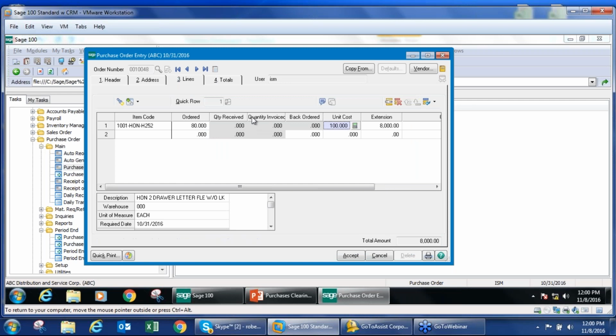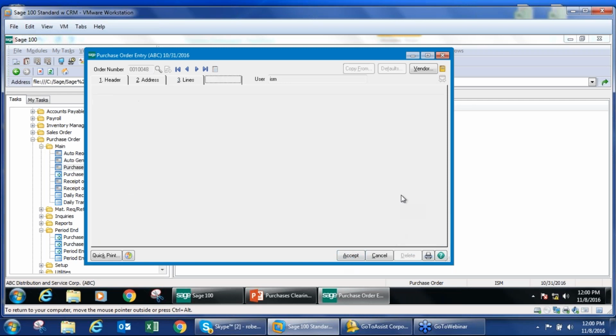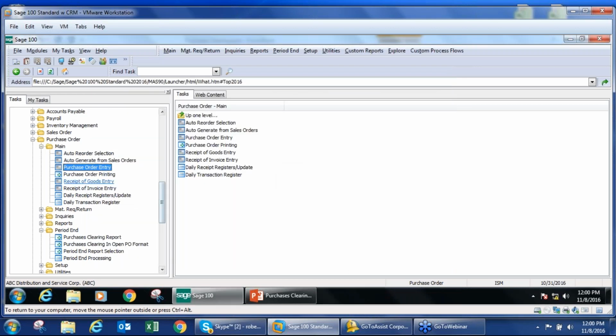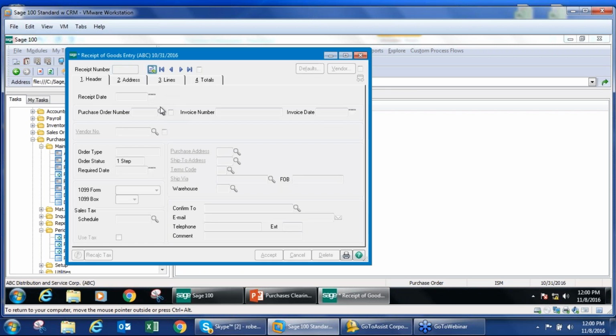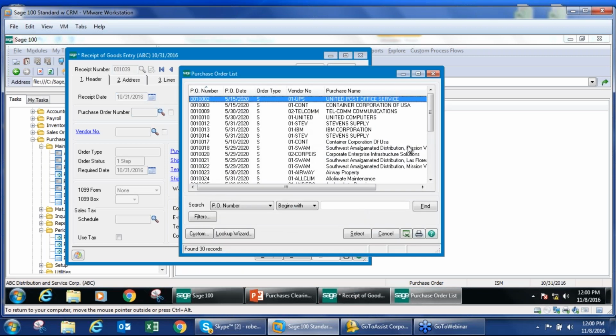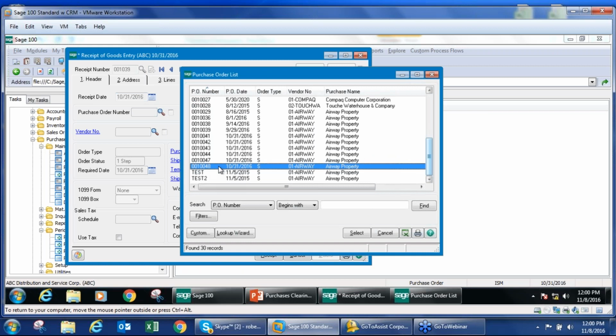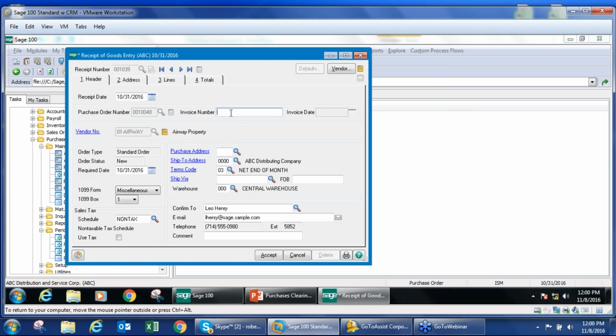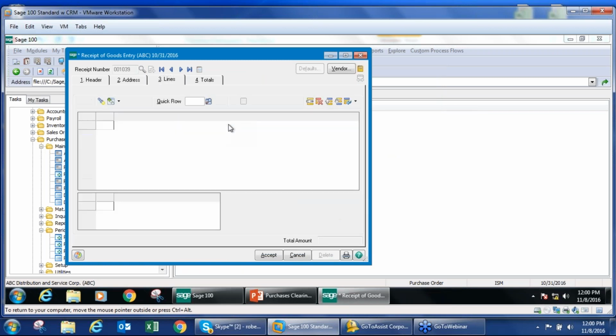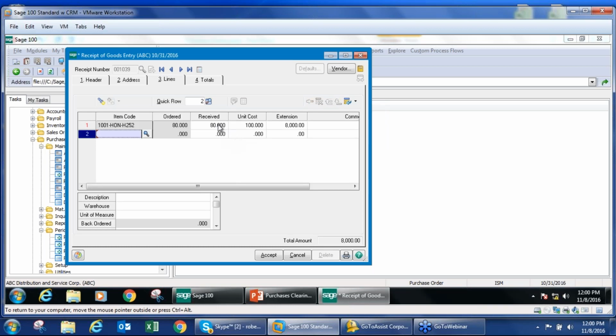So let's go back to our 80 at 100. I'm going to quickly get us back to where I was shooting for showing you, and that's doing a receipt of goods. And we'll receive 40.